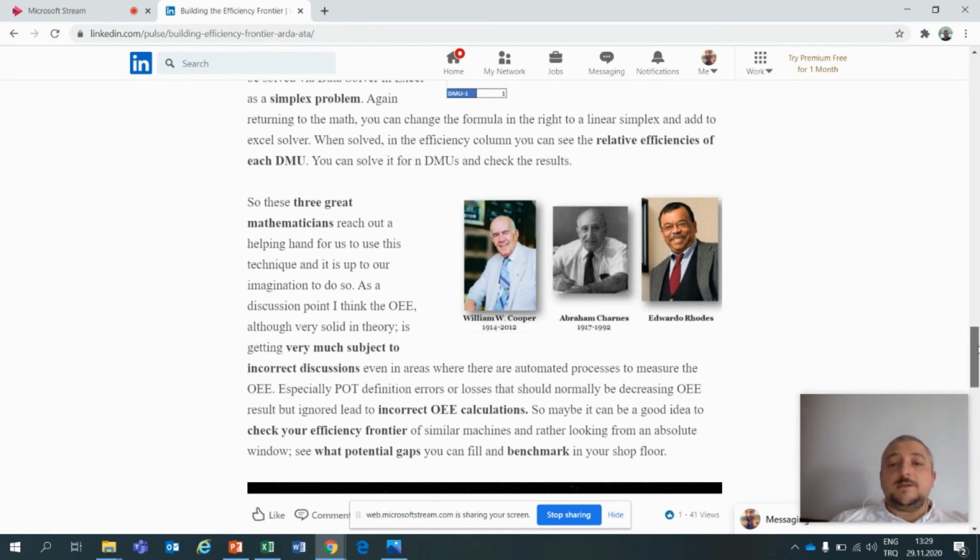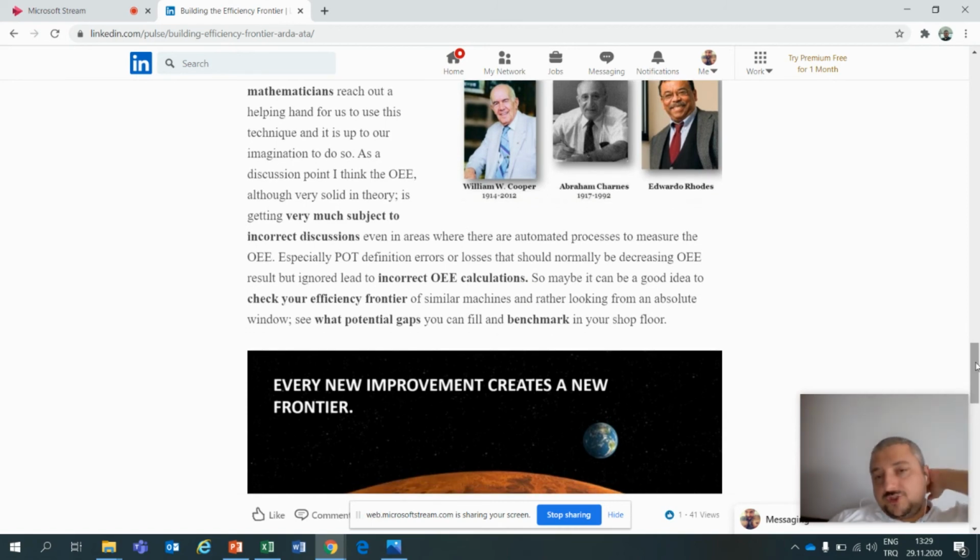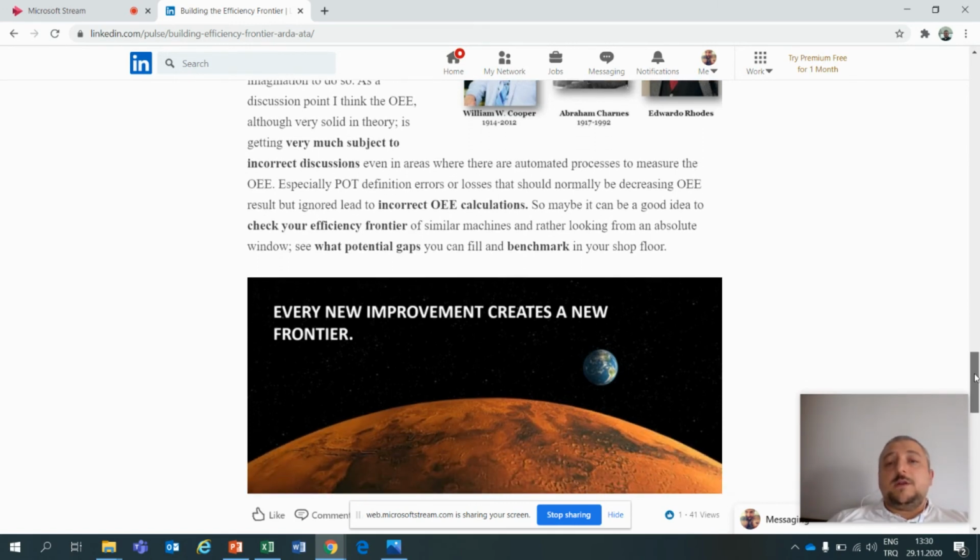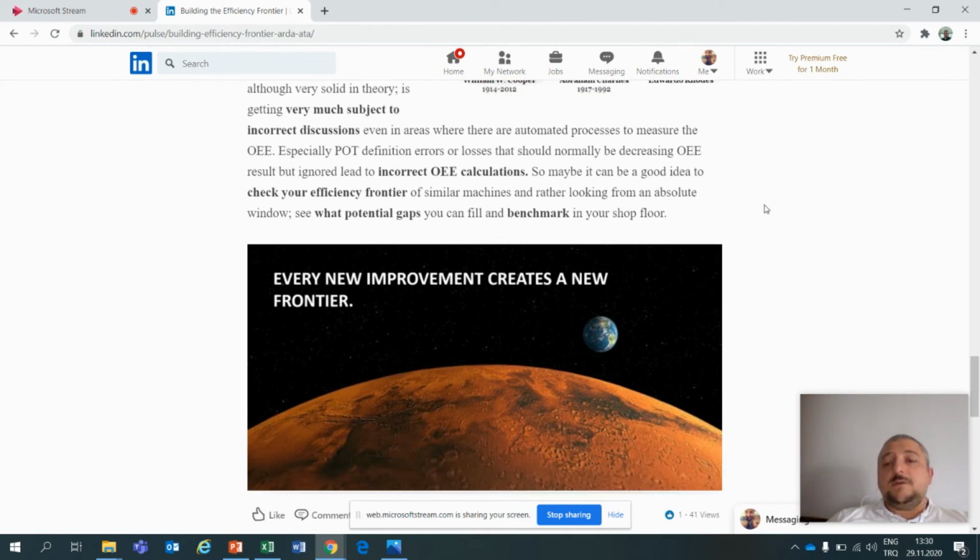And I think it's a good idea to check the relative efficiencies instead of absolute efficiencies, just to see what is going on in our shop floor in terms of our own efficiency frontier first, because most of the time when we confront problems like inefficiency, there are many discussions between the shop floor responsibles and efficiency responsibles, operation excellence responsibles. There can be issues like the machine is old, that machine is new, etc.